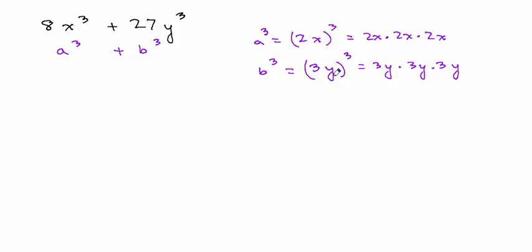Therefore, our b is 3y. The moment we figure that out, the rest is just about plugging in the values of a squared and b squared.